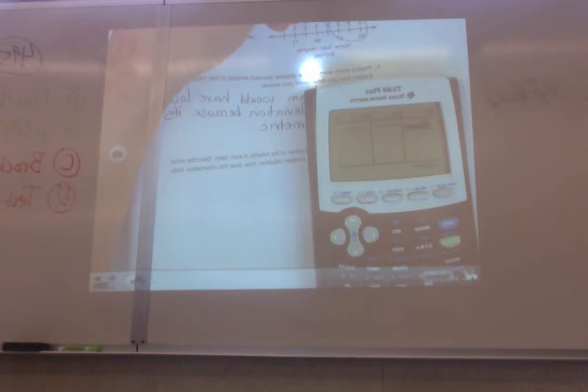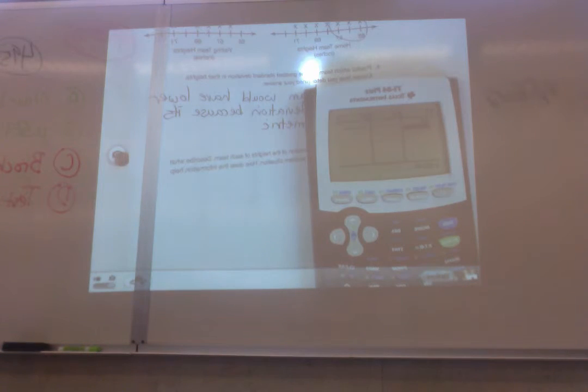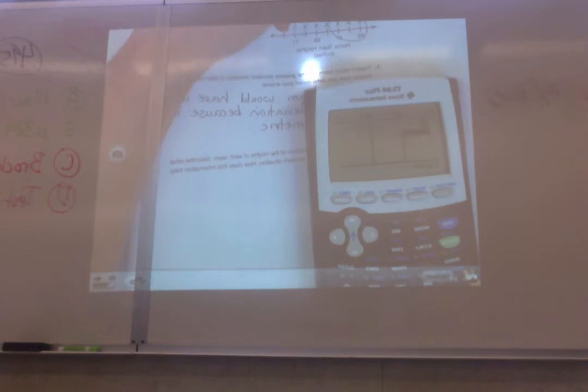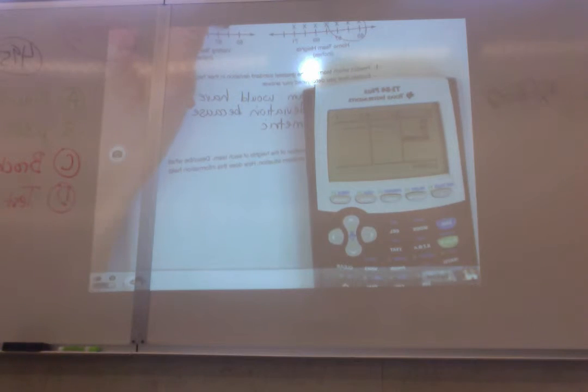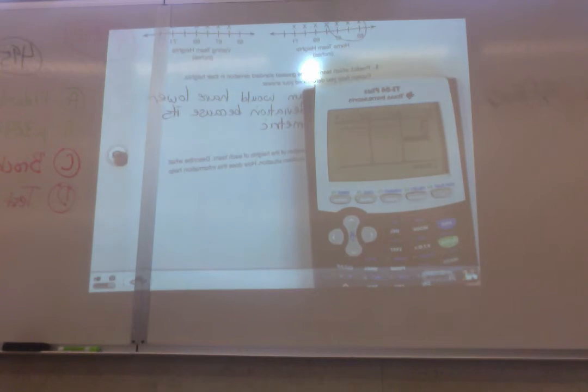The second X is at 66, putting it into the calculator. Next X is 67, 67, enter. You got it? Okay, so you got to look at your X's and add in one value of each X. Okay, 67.